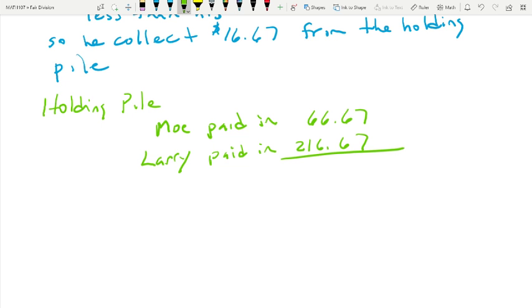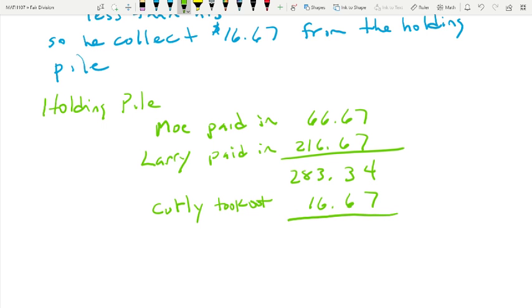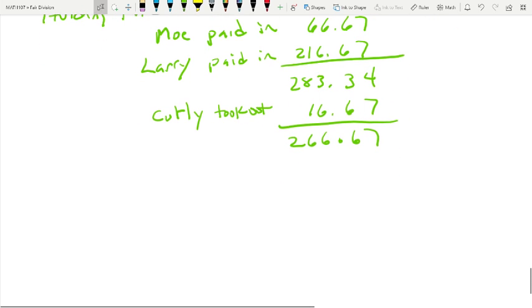This would give us a total of 283.34. But then Curly got to draw some money out. Curly took out 16.67. That brings the new balance down to 266.67.